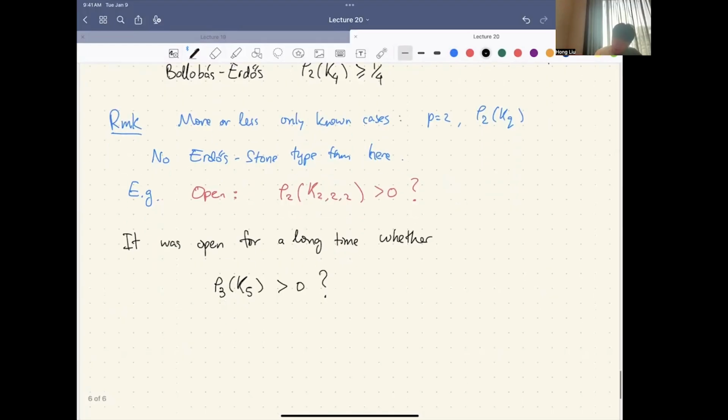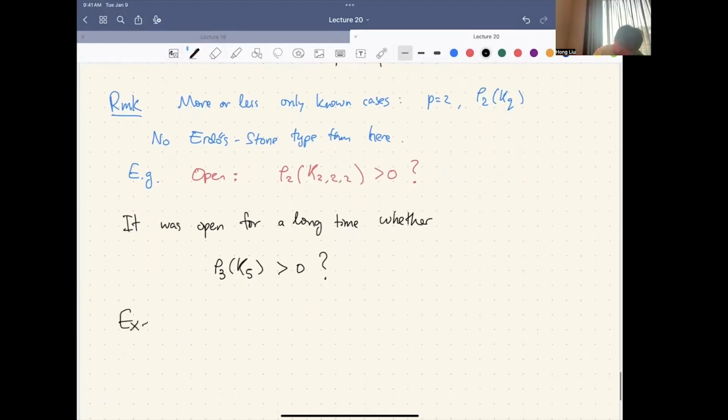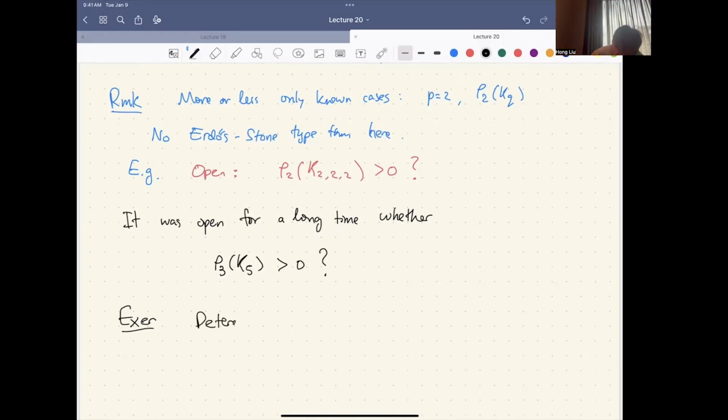This is open. I claim that this is easy, so determine this one. If you look at alpha_3, the triangle independence number, K4 is trivial. So the first nontrivial case should be K5. This is not known.